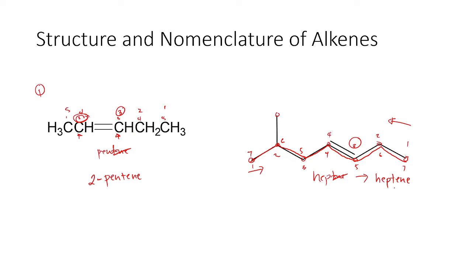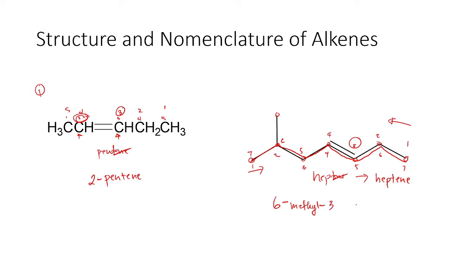So what of the methyl? If we start from right to left, we have here 1, 2, 3, 4, 5, 6. The position of our methyl will be 6. So we will be having our 6-methyl, dash, because we have here 3, right?